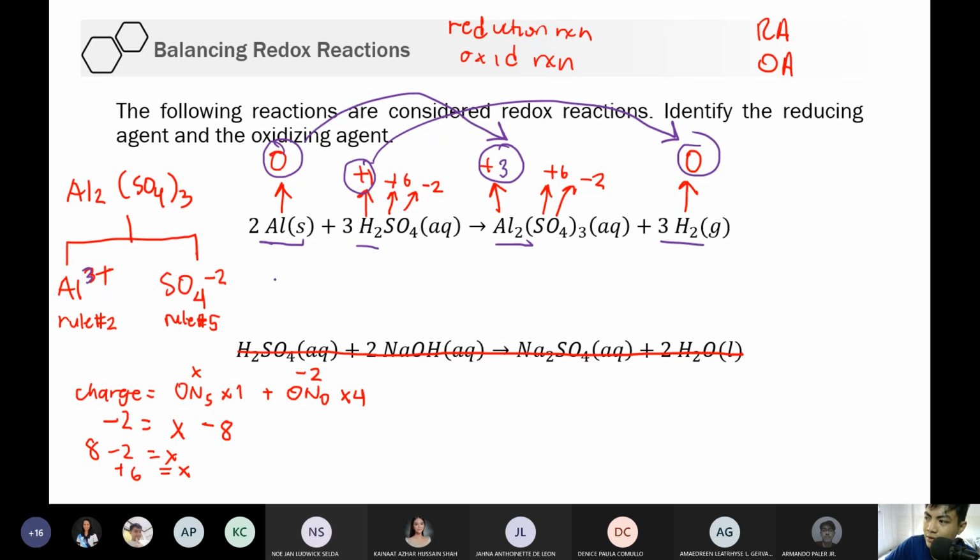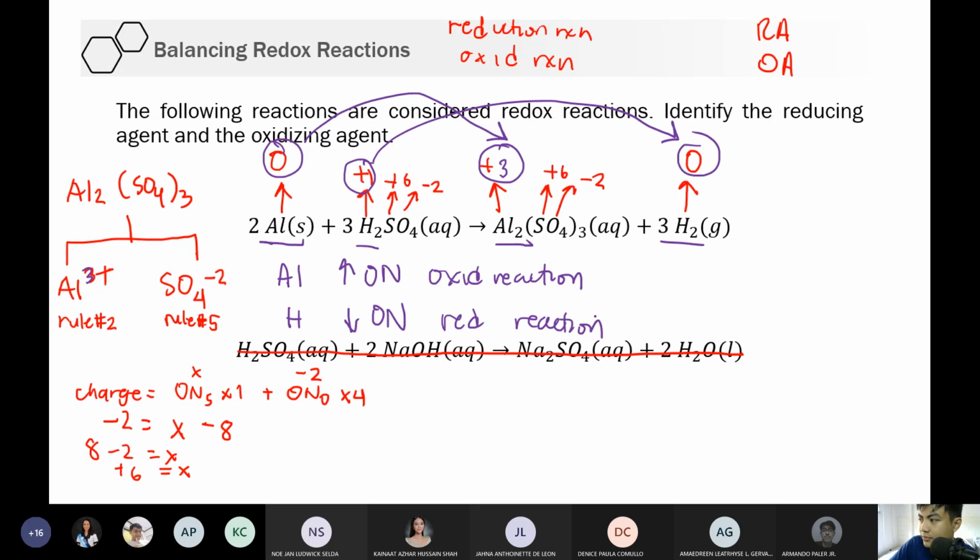So, we said, the aluminum's oxidation number increased. The hydrogen's oxidation number decreased. So, meaning, since the aluminum's oxidation number increased, it underwent oxidation reaction. And the hydrogen's oxidation number decreased, so meaning it underwent reduction reaction.